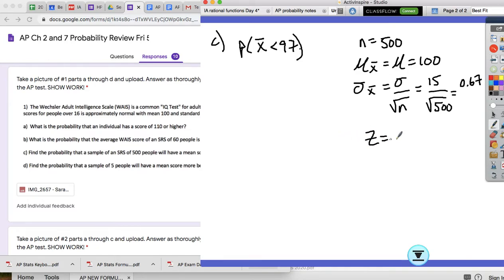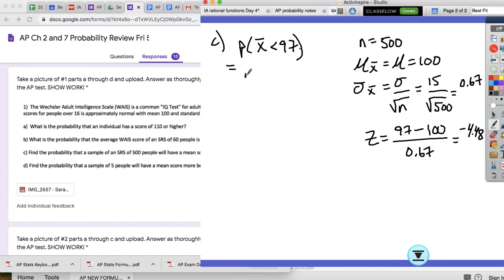So when I go to do my z-score, I take 97 minus my mean of 100 divided by the standard deviation of 0.67, and my z-score will be negative 4.48.